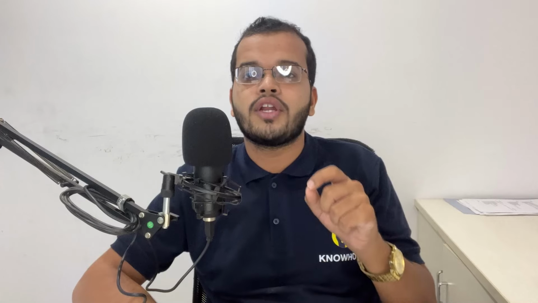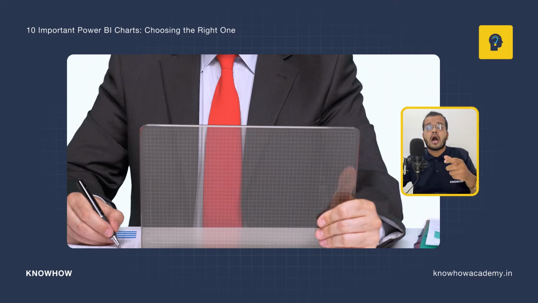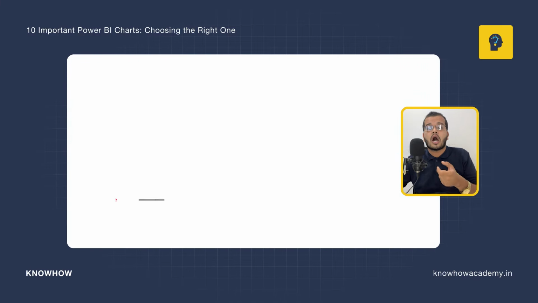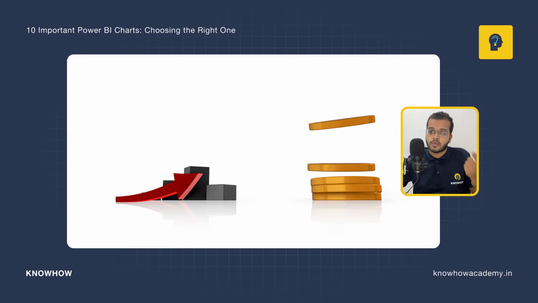You need to choose a stacked column chart whenever you would like to show the variation from a business perspective. For example, if you would like to show from which months, or from which regions, how much sales you have got, how much profit you have got, that is one condition.